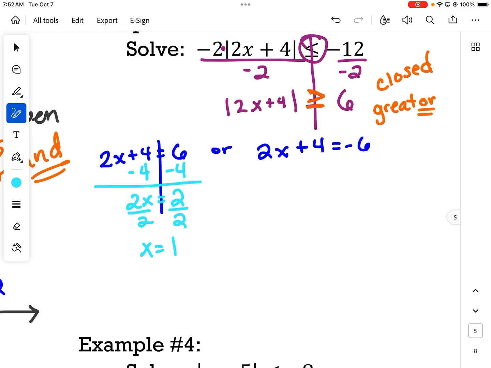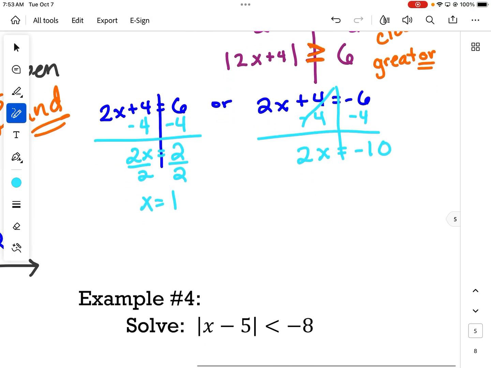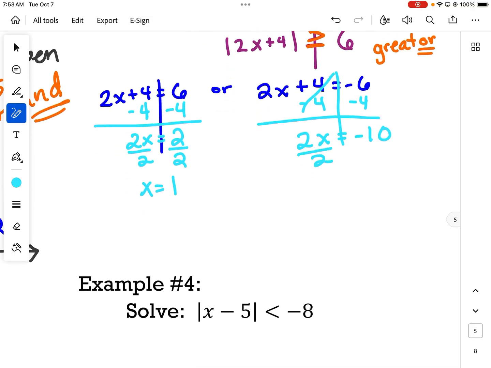The first equation, x equals 1. Okay, second equation, let's do that. Then we have -5.